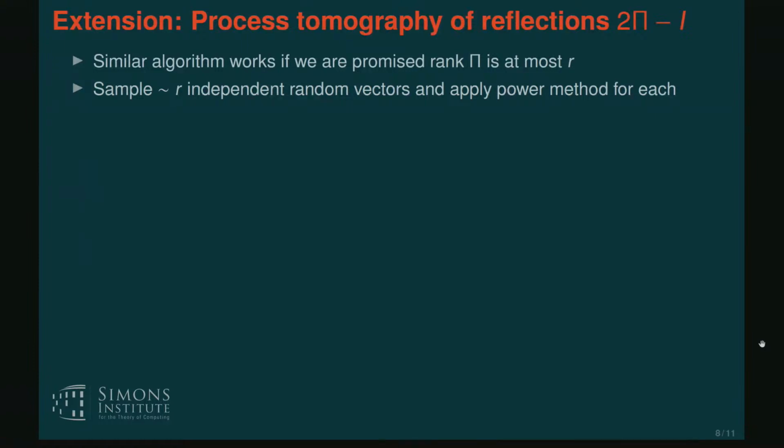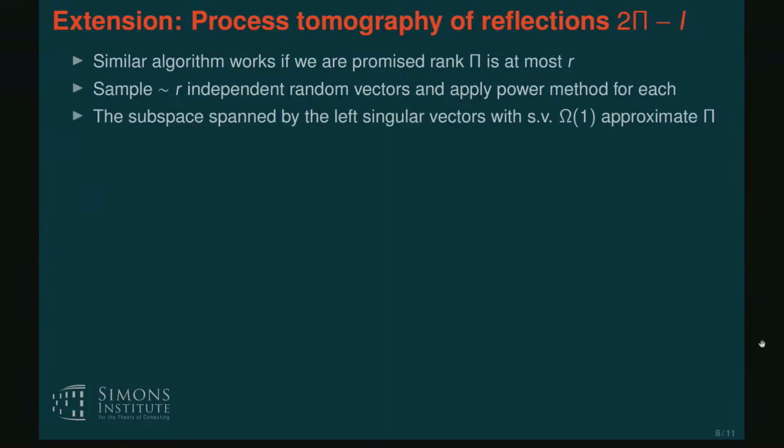You will sample something like r or 2r independent random vectors and apply the power method for each. And the subspace that will be spanned by all these vectors together will be a very good approximation of this projector pi at the very end.